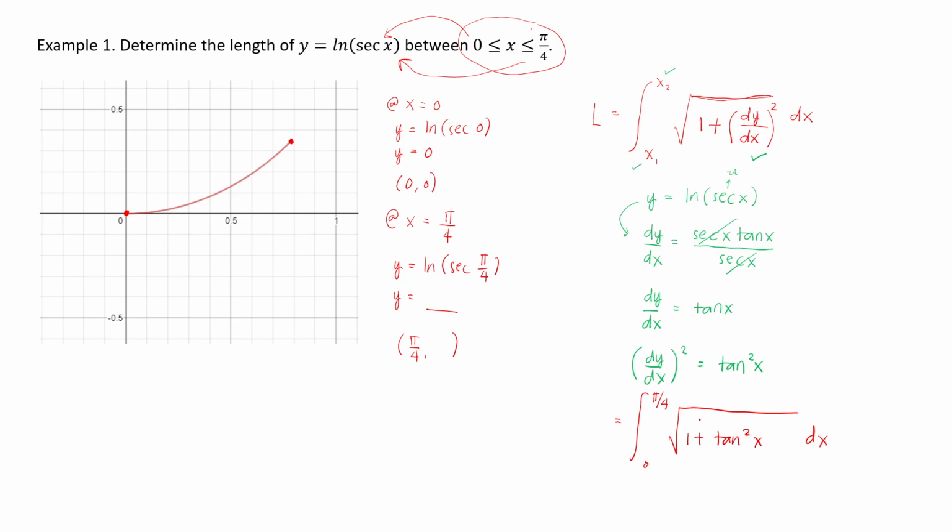I think you can also simplify this into the square root of secant squared x, so that at least you can help your calculator. So this simplifies further to the integral from 0 to pi over 4 of the square root of secant squared x dx. And since it's the square root, what's left is just the integral of secant x dx from 0 to pi over 4, right? So I think this one is easier to plug into the calculator and it gives you the answer directly.